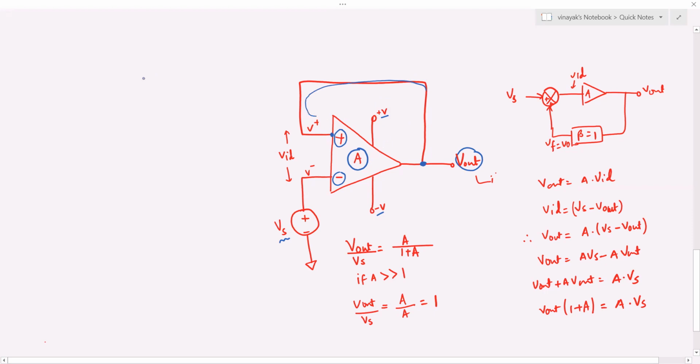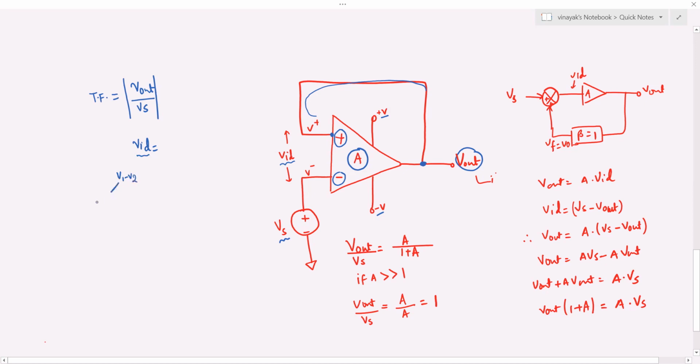Now we want to analyze the expression of V out divided by Vs, that is the transfer function. This is called the transfer function, which is the ratio of output voltage divided by the input voltage. So we know that for a difference amplifier, or the operational amplifier, there is a term VID, which is the difference between the two inputs, V1 minus V2.